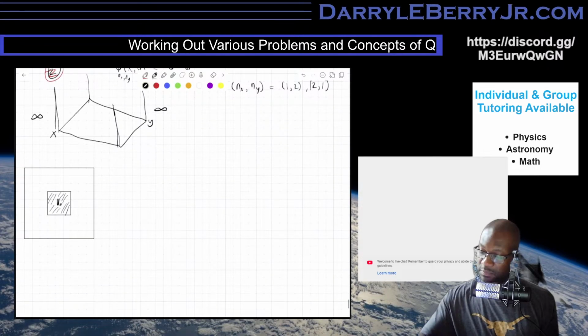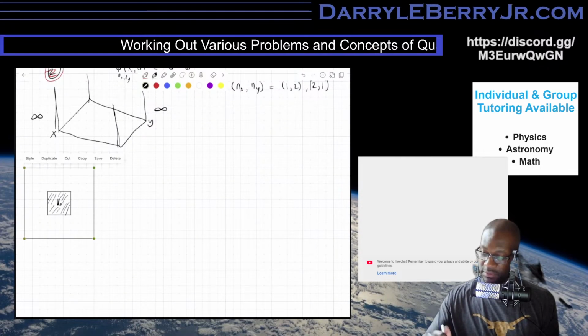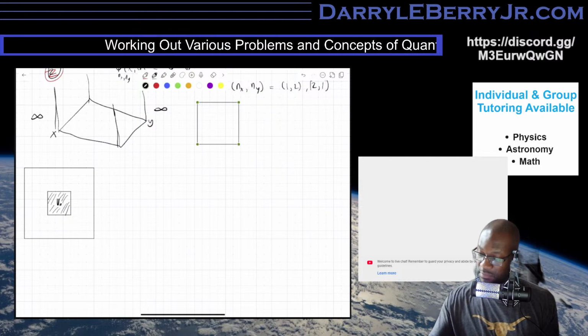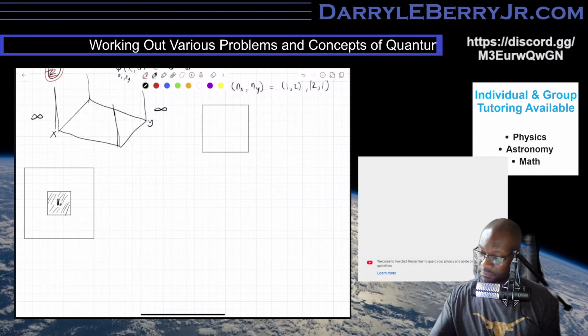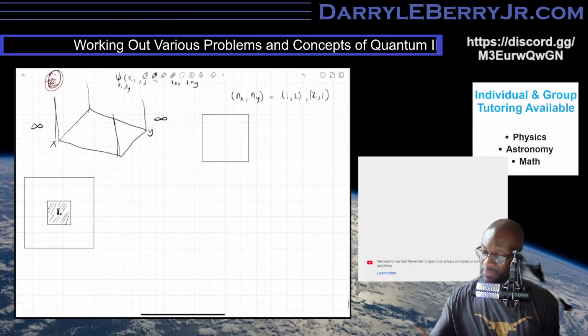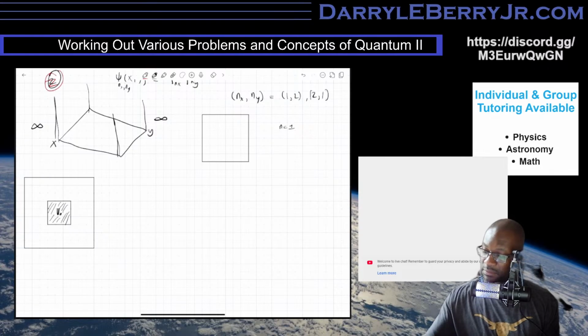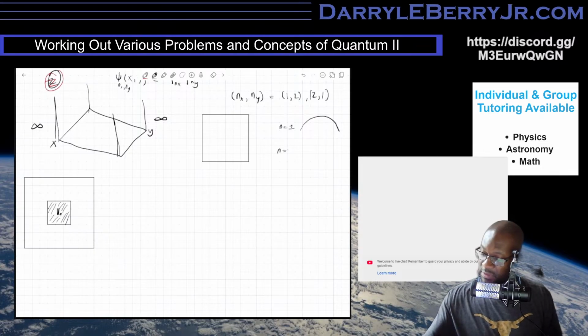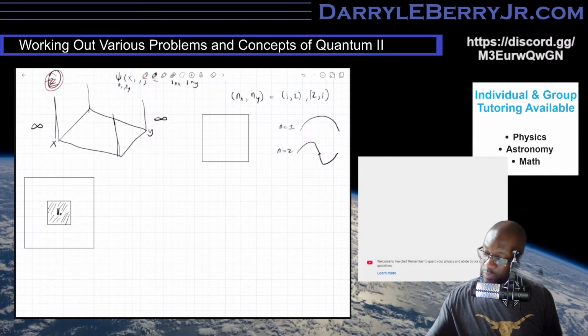So the default wave function will look like this. So basically, these have to be separate. We know that if n equals 1, that's just a wave function with no node. If n equals 2, that's a wave function with one node.